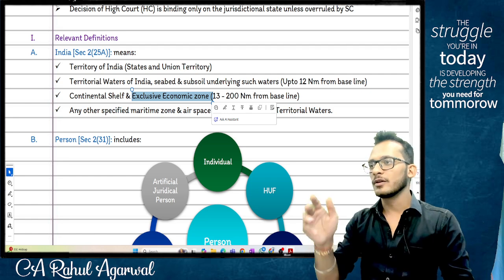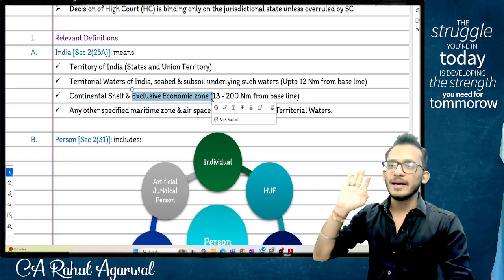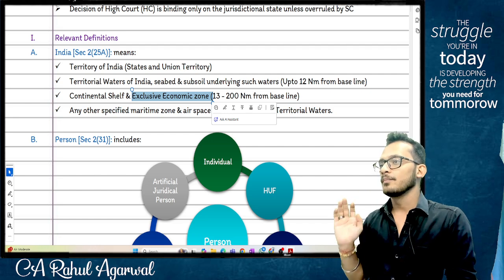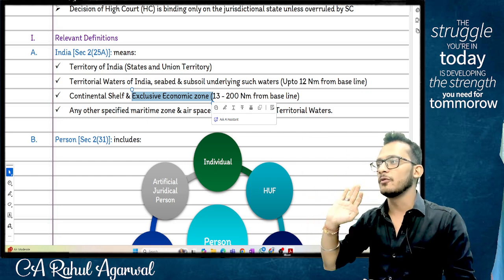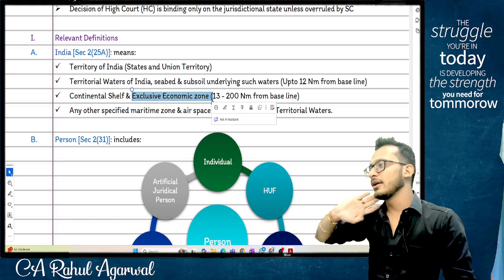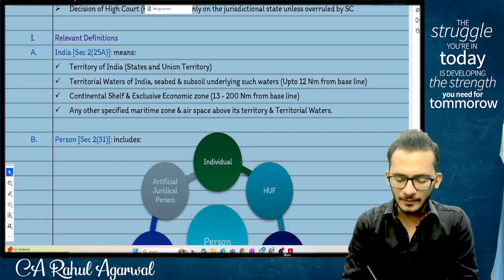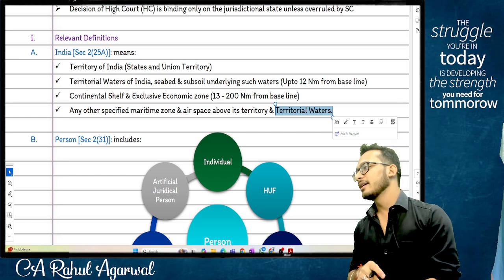Terrorists and all do not walk on waters and come. Beyond 12 nautical miles, you're not supposed to reside. You're not supposed to go there also, unless you have a proof of trade. Makes sense? Yes.